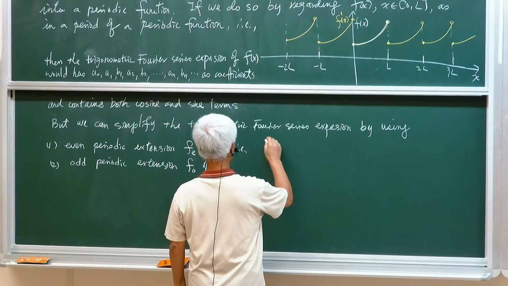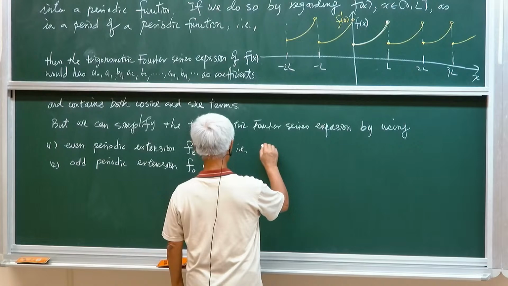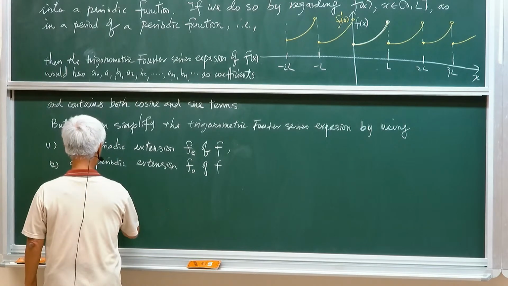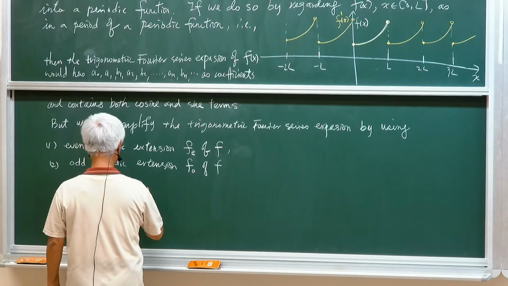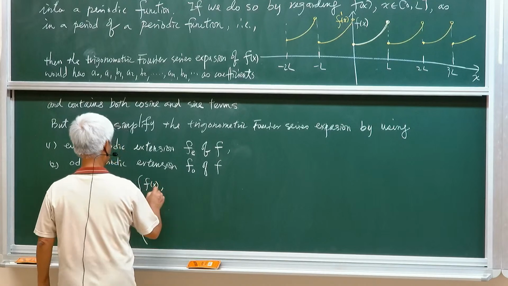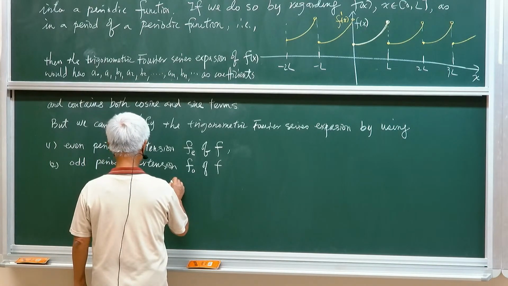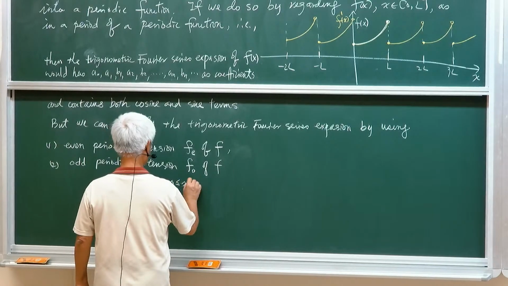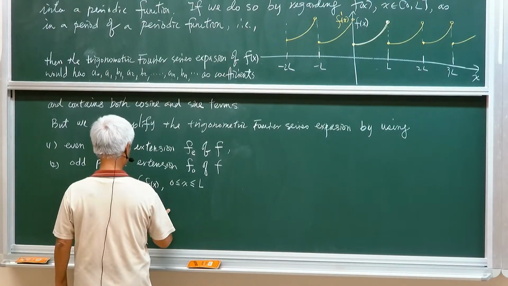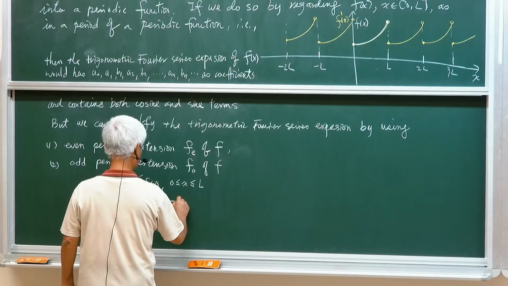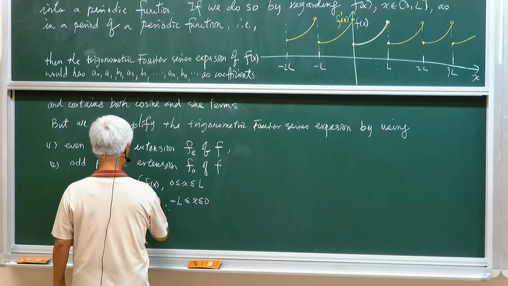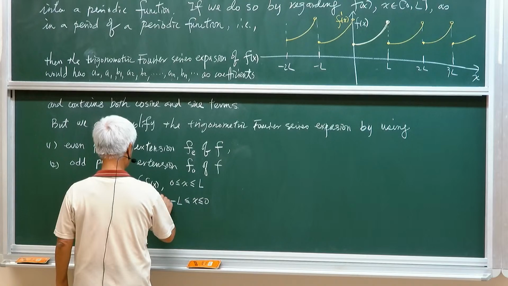We define f_e(x) equal to f(x) for x in [0, L], and if x is between -L and 0, we have f(-x).